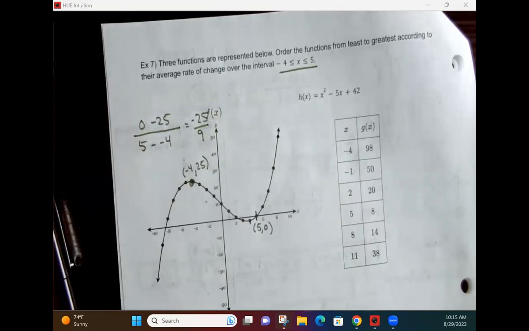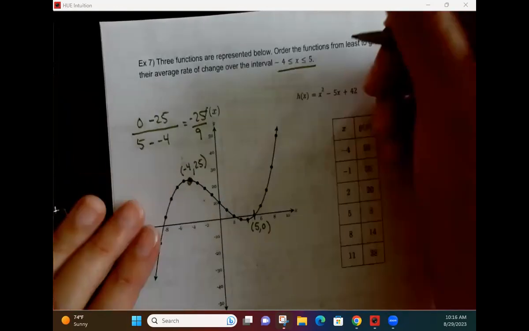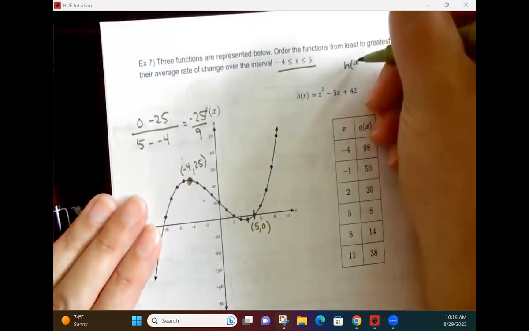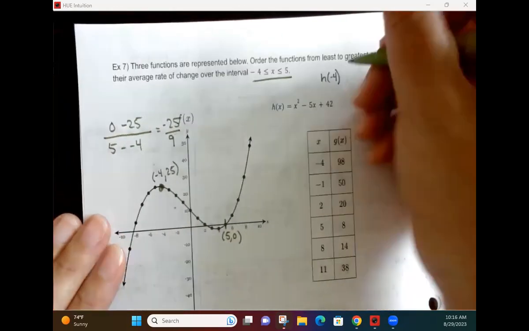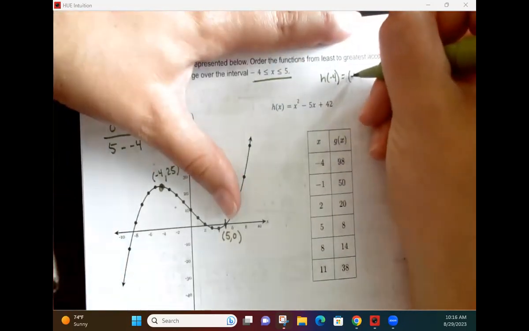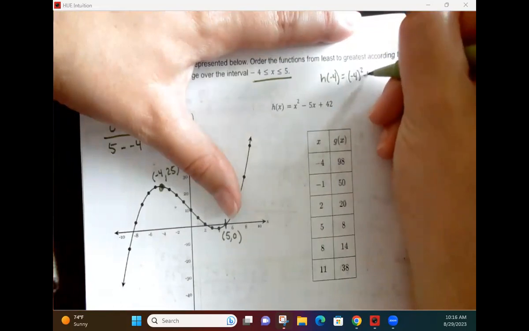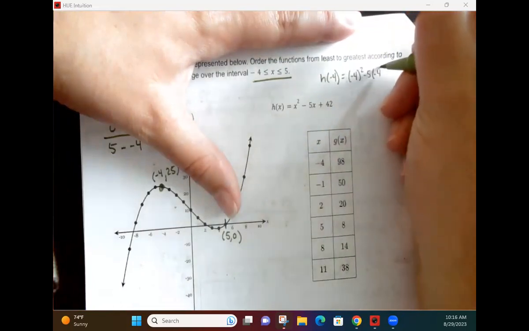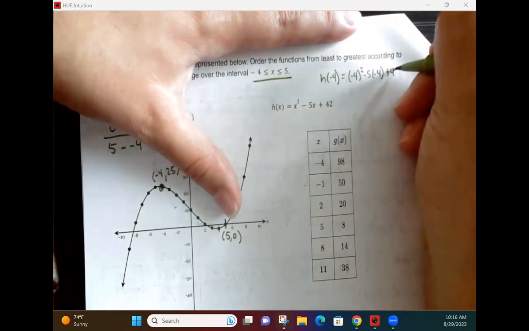For h of x, same thing, but this time we're going to have to actually plug in those x values to find our y's. So I've got to find h of -4, like we did for our first example today. Gotta plug that x value in. So this would be -4 squared minus 5 times -4 plus 42.